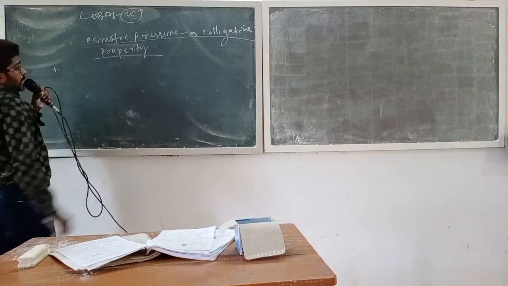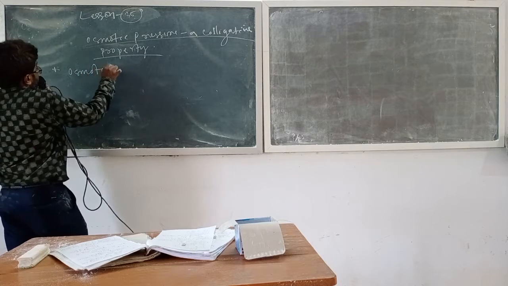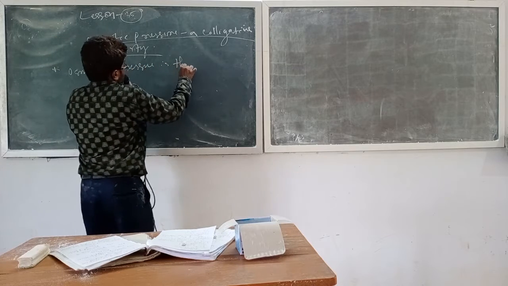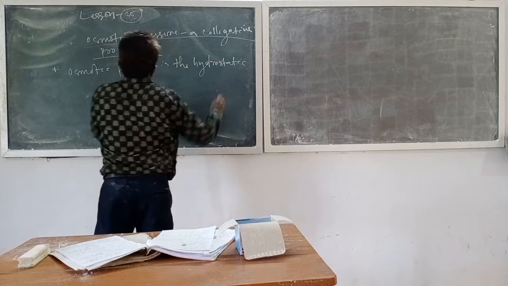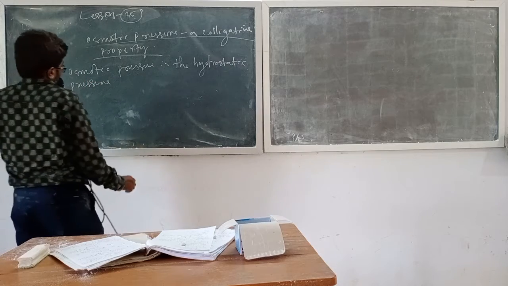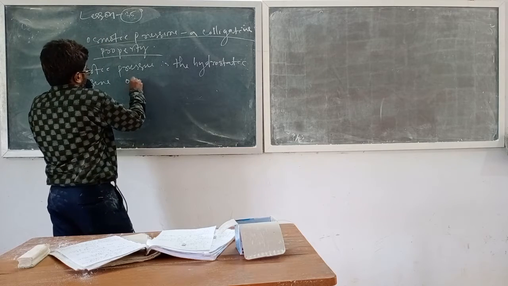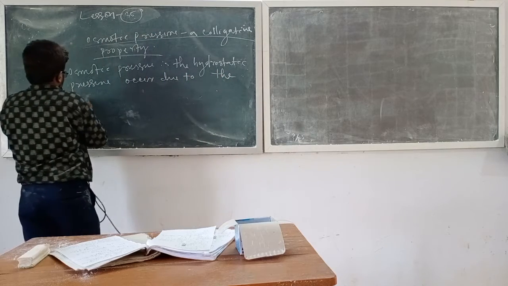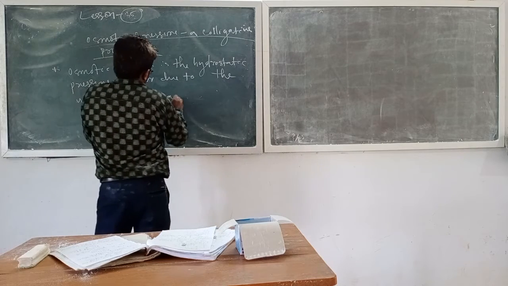So here you can write: osmotic pressure is the hydrostatic pressure that occurs due to the water column at the equilibrium.